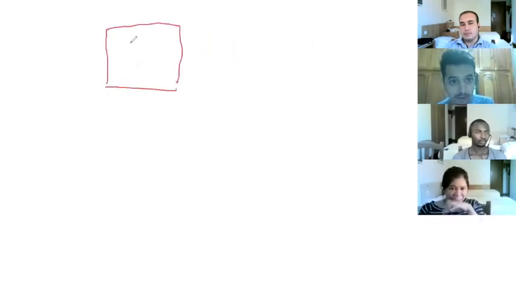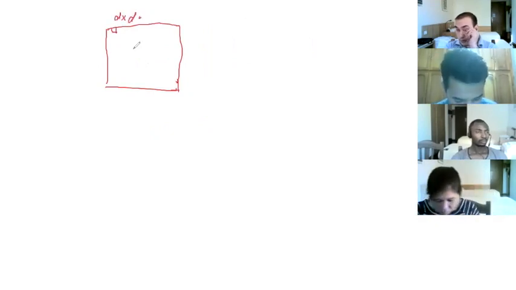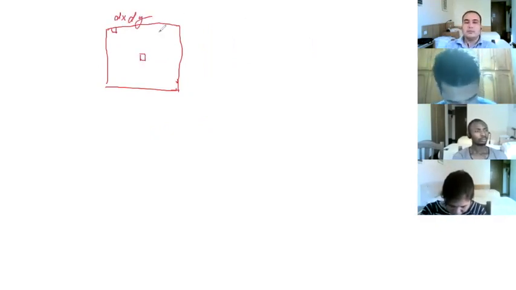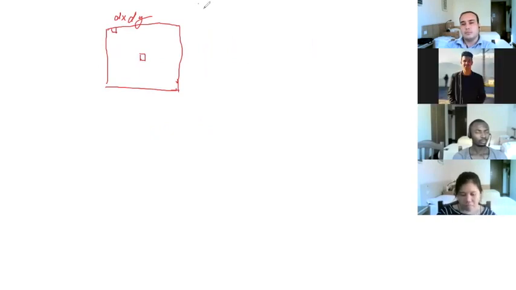Now I just introduced you to a continuous case, where there is a small infinitesimal cell of size dx dy at each point of this box. Now we cannot use discrete coordinates anymore. Before it was 1, 2, 3. Now the coordinate will be continuous.